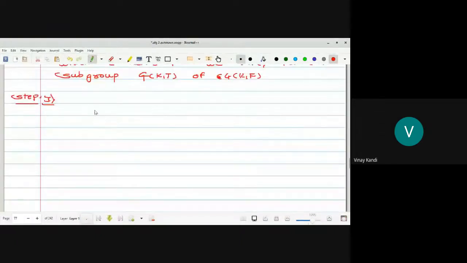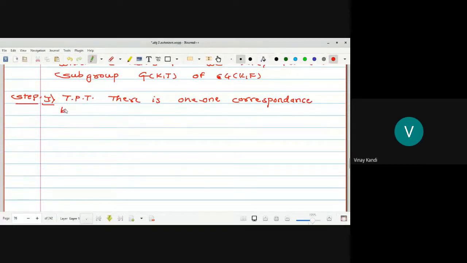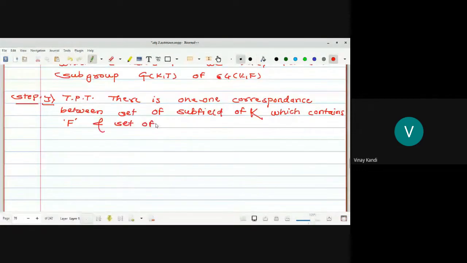Prove that there is a 1-1 correspondence between the set of subfields of capital K which contain capital F, and the set of subgroups of G, K, F.